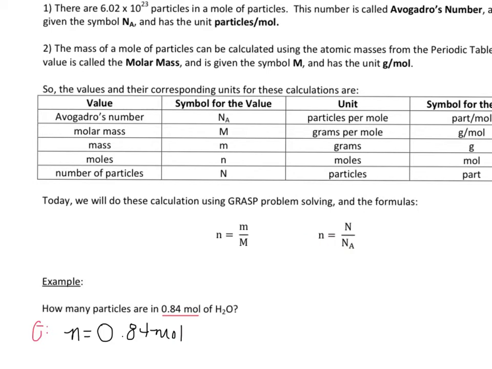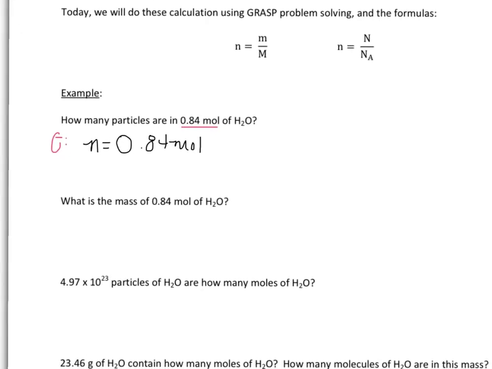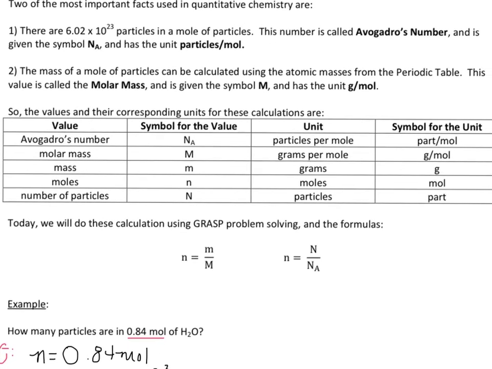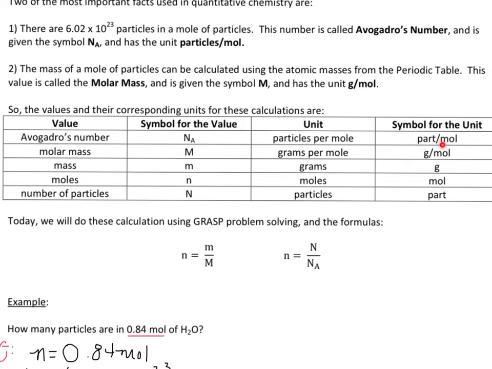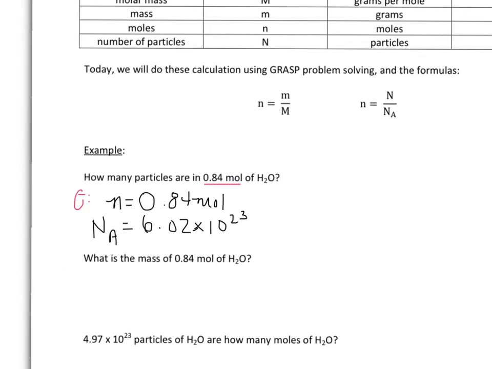Then next we know NA equals 6.02 times 10 to the power of 23. We're going to need to have some units on that. When we talk about NA, NA's units are particles per mole.